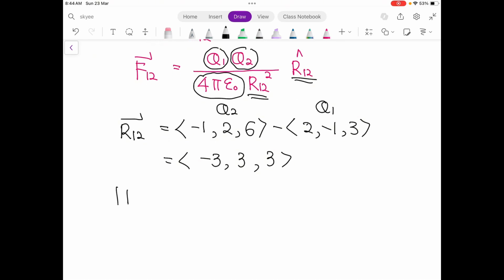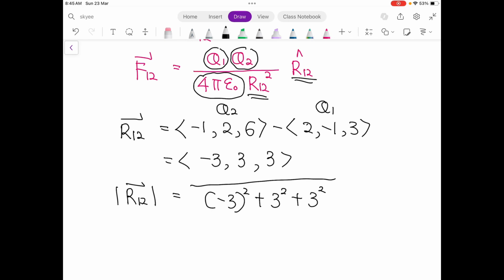From the distance vector, you can easily find the magnitude: taking the squares of -3, 3 and 3 and adding them, it is 27, so the magnitude is square root of 27.